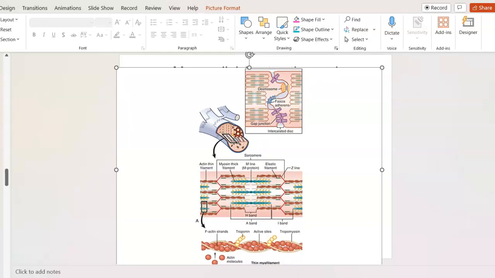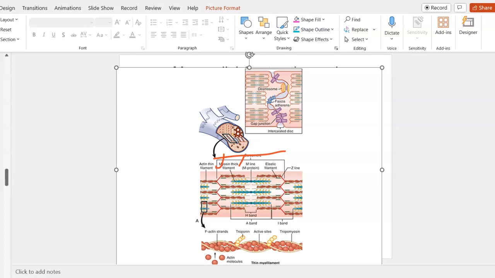Okay, so the sarcomere is this contractile unit that goes from I band to I band. What it has is myosin filaments, which are always known as thick, and actin, which is thin. Thin and actin sound similar.